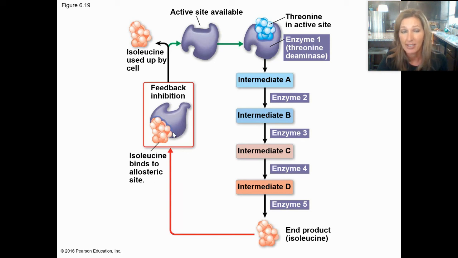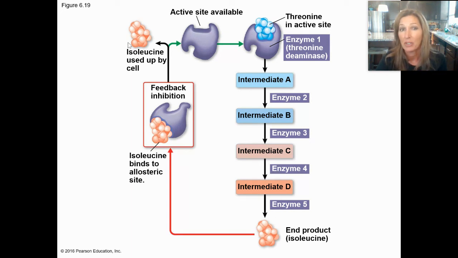In this case, this is a non-competitive inhibitor that binds to the enzyme that would initiate these steps, the very first one. So now high concentrations of this end product act to inhibit the first enzyme. If I stop the first enzyme, that means I don't get any of the rest of the steps happening.